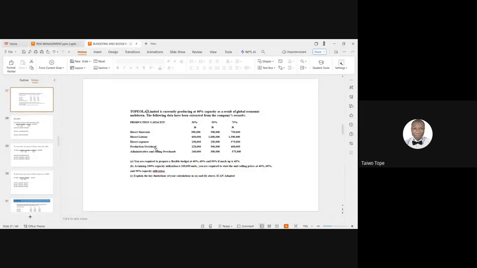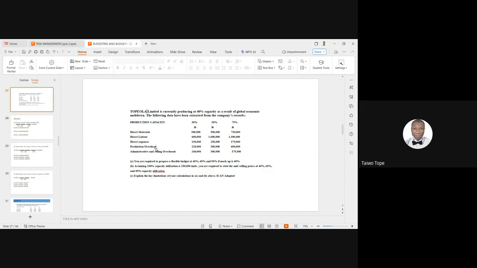So we need to determine the portion that is variable and the portion that is fixed. Now, what is your total cost? The equation of total cost is a makeup of fixed cost plus variable cost.